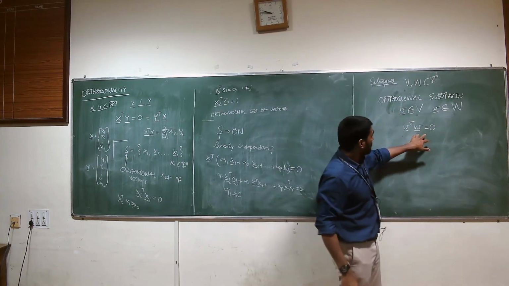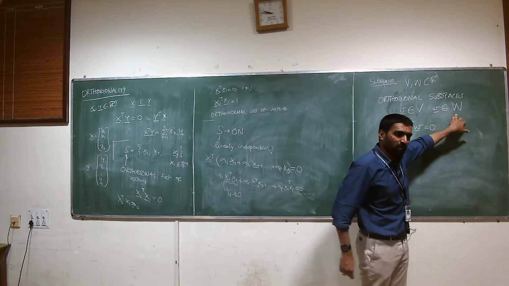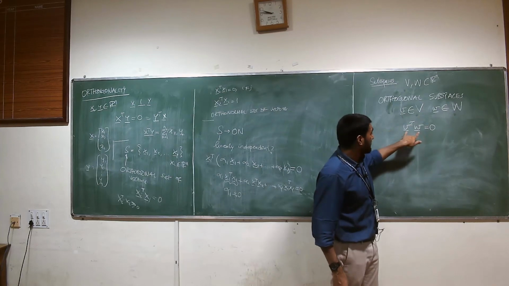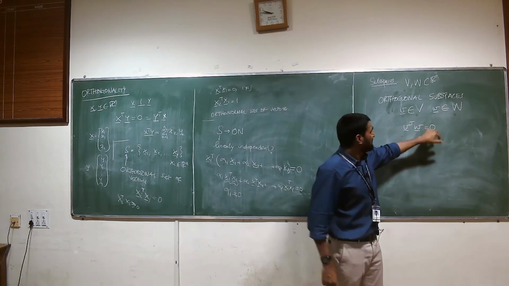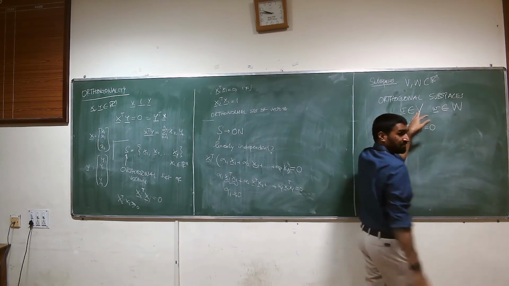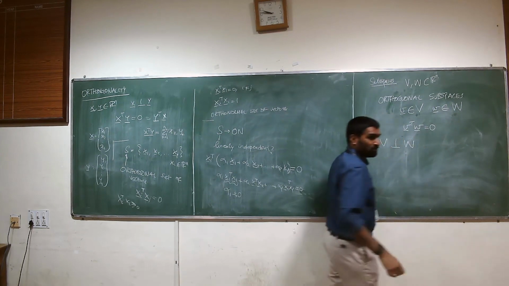And this is 0 no matter what element you choose from V and no matter what element you choose from W. Their standard inner product computes to 0. Then you say the subspace W is orthogonal to subspace V, or you would usually write V perpendicular to W.